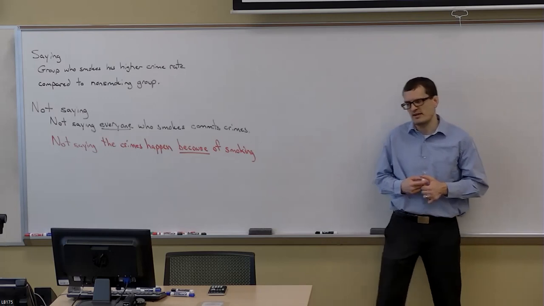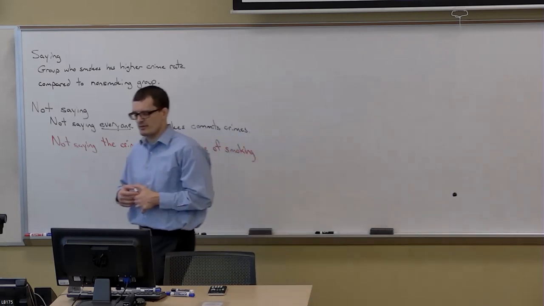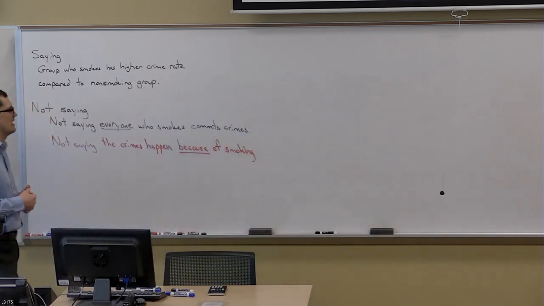I think I mentioned this earlier, maybe in my other class, but a lot of times you just see higher rates of smoking in lower income communities, and lower income communities are also associated with higher crime rates.